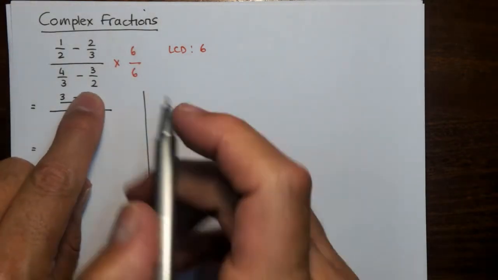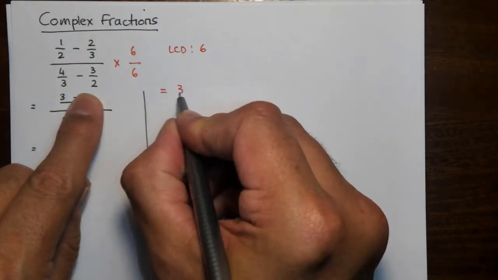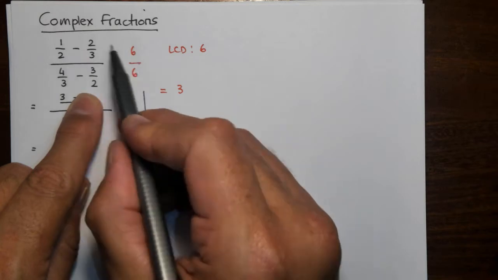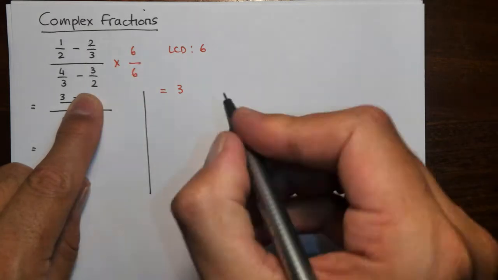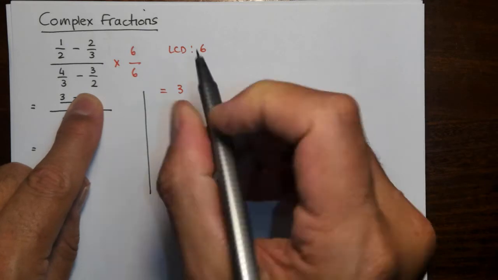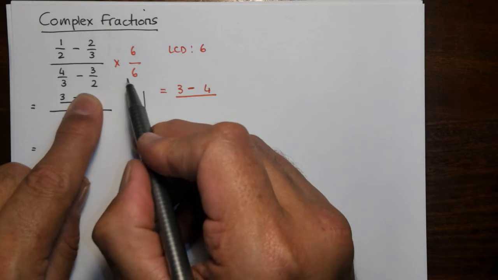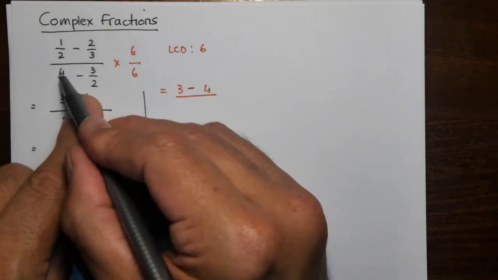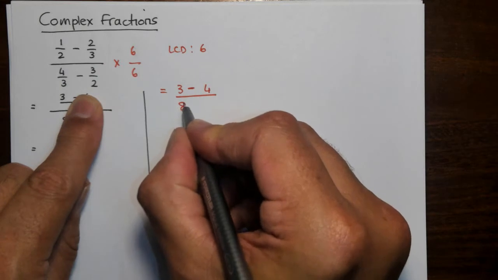Now remember, 6 multiplied by a half will bring me to 3. 6 multiplied by 2 is 12, divided by 3 is 4, and there's a negative in front. Divided by 6 times 4 is 24, divided by the 3 gives an 8.